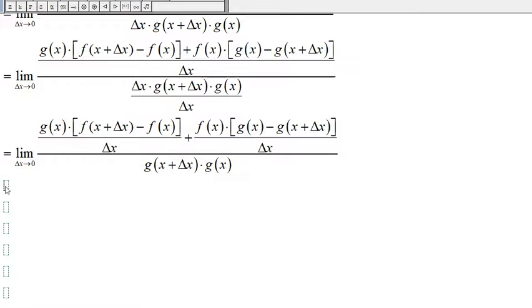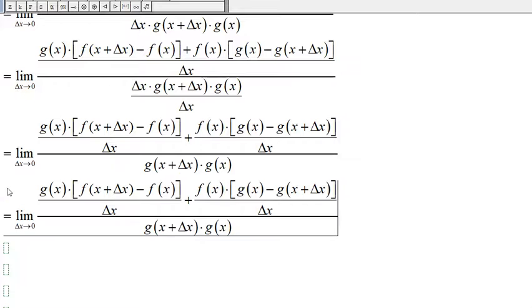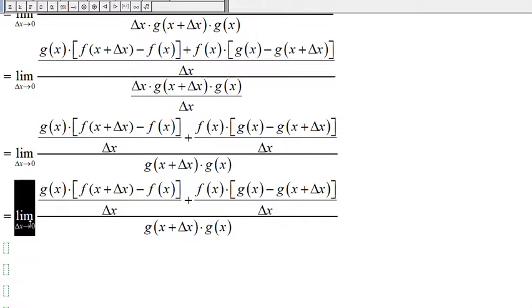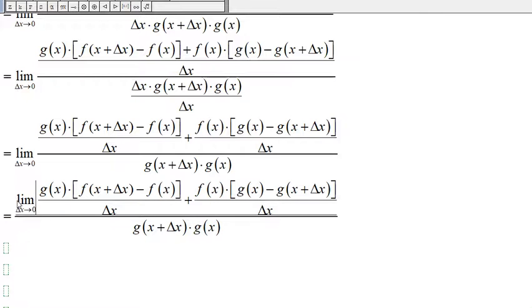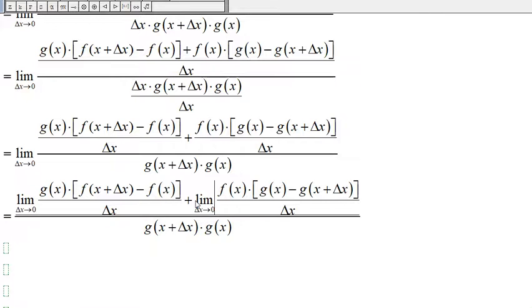And then we just take the limit of everything. So this is the same as the limit of this plus the limit of that, and then dividing by the limit of this.